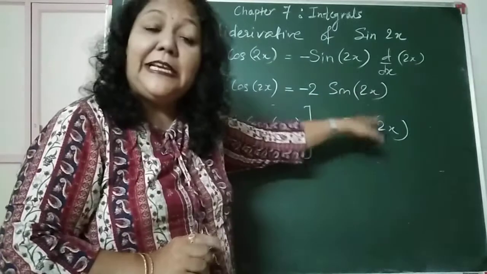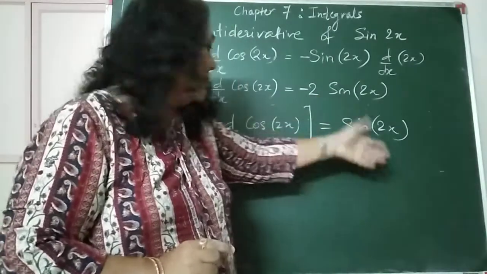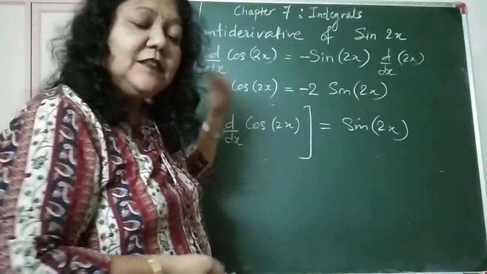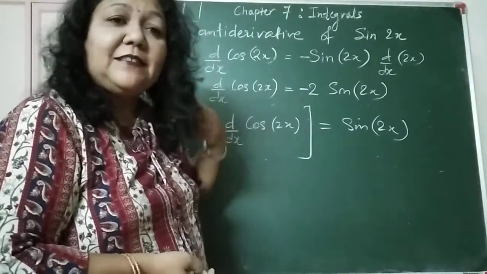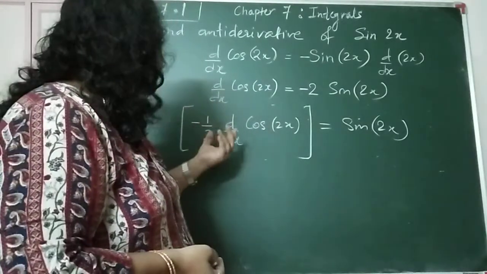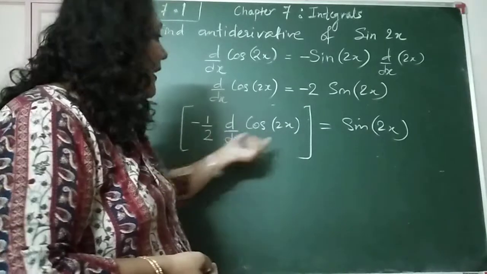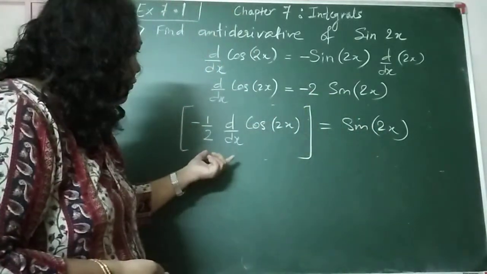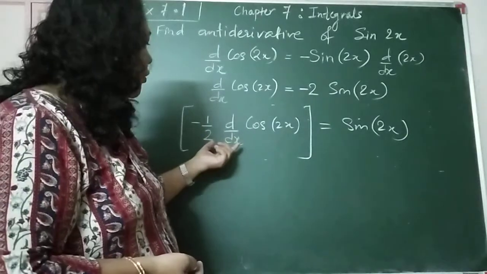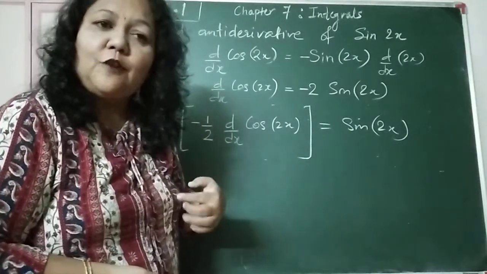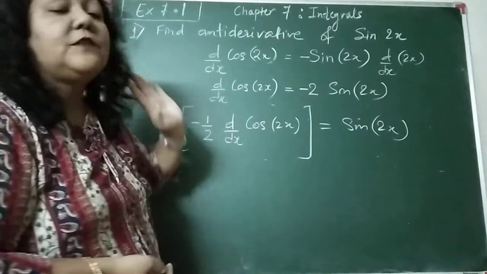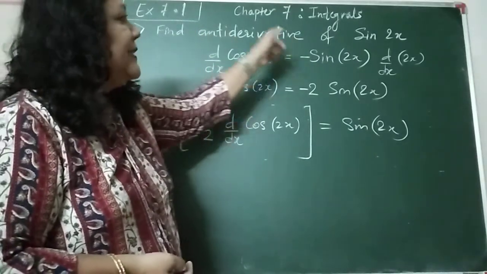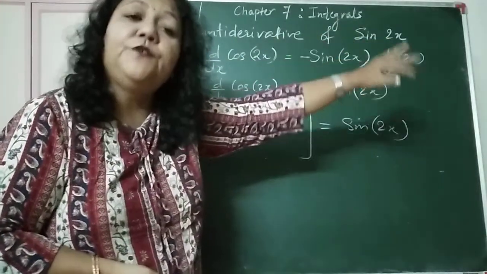That means if you integrate sine of 2x, this is how you are going to get the antiderivative of that. So antiderivative of sine of 2x is going to be minus 1 upon 2 into d by dx of cos of 2x. So my first question was to find the antiderivative of sine of 2x.